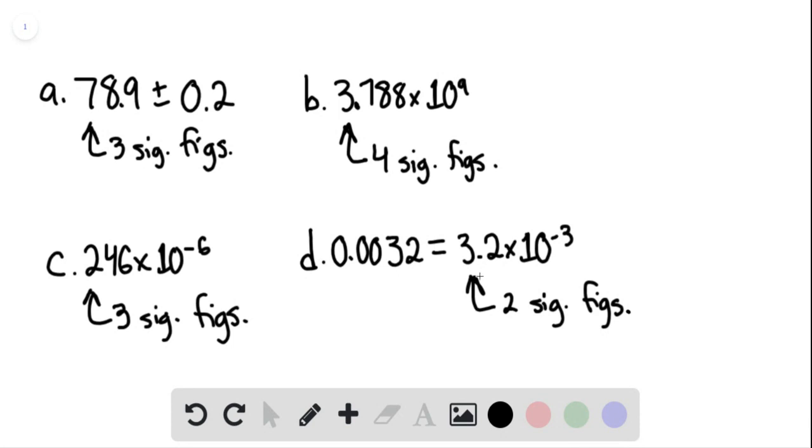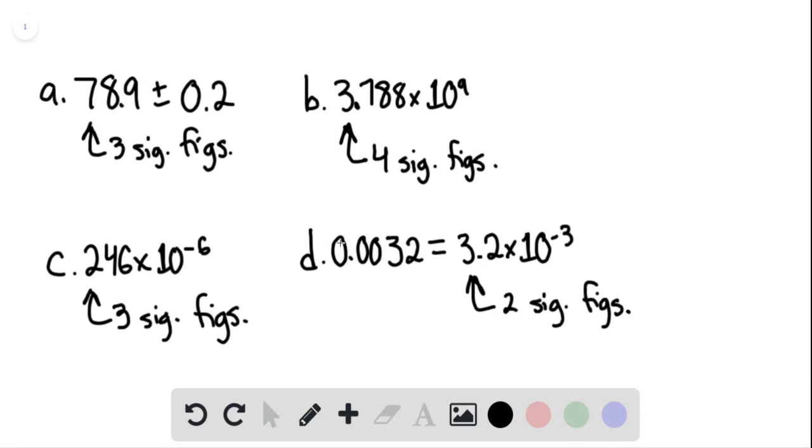So for part D, when you have a decimal, you always want to start counting from the left. You go from the left to the right, and the first digit that you see that is a non-zero digit, anything after that is a significant figure. So I see the decimal here, which means I'm going from the left.